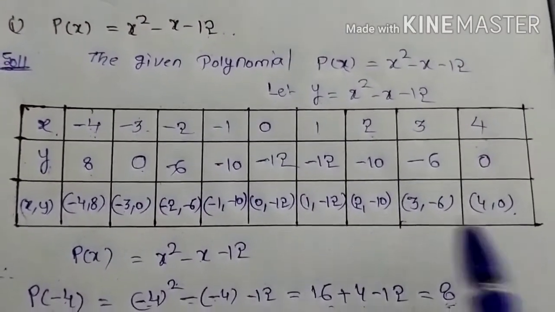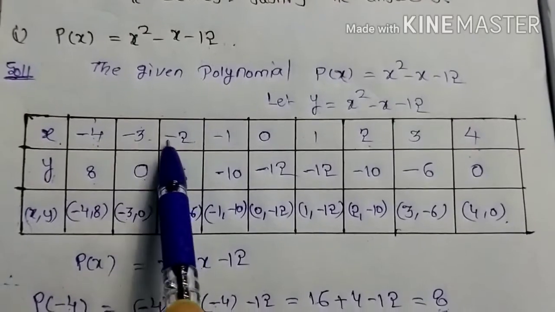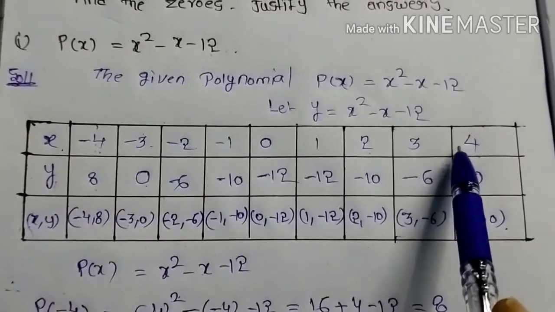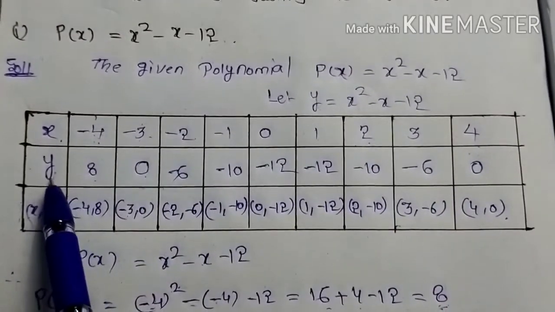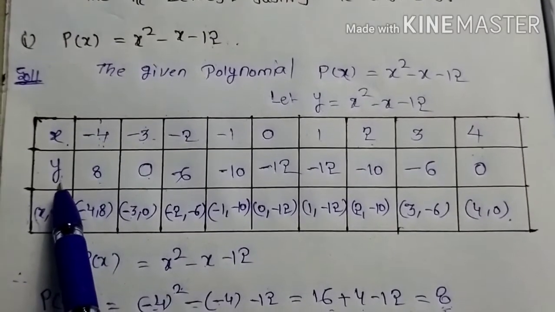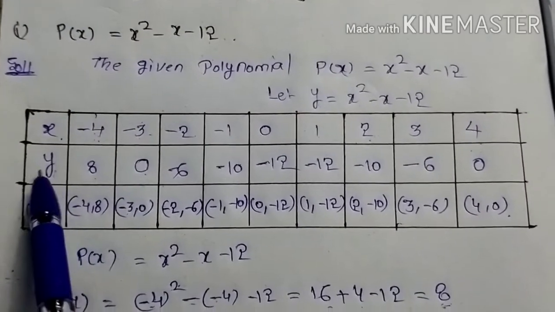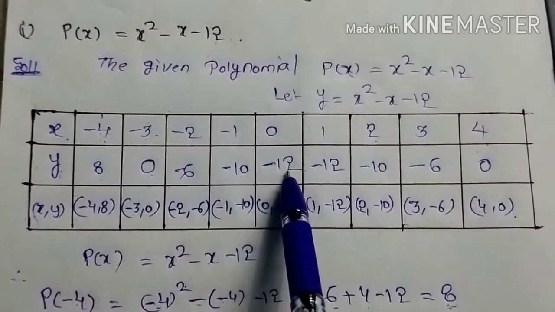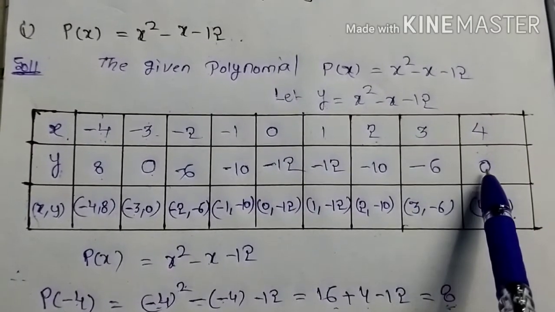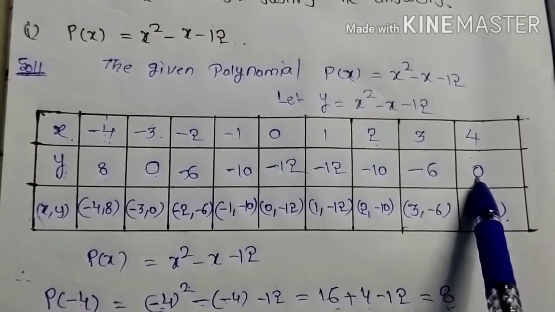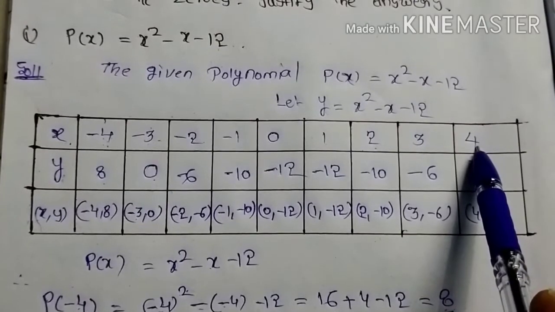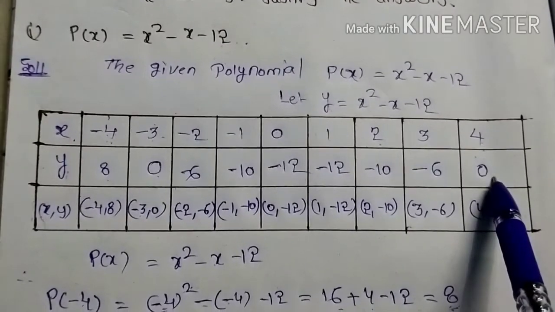Now observe for which values of x the value of y will be equal to 0. That means P of x will be equal to 0. See in these y values where y is equal to 0. For x is equal to 4, you get 0.